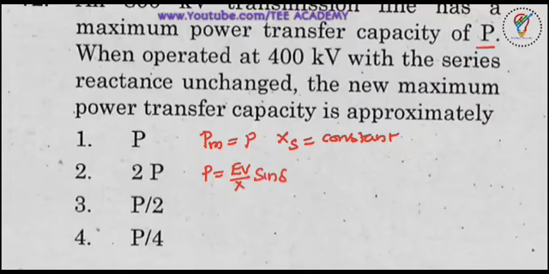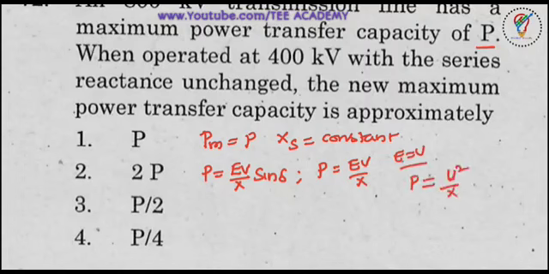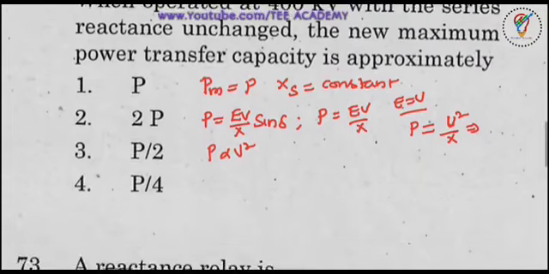If we neglect the delta angle, if you assume delta equal to 90, then you can remove this and write P is equal to EV by X. But again you are making the assumption that E is equal to V, then P is equal to V square by X, but in this case X is constant. So simply I can say P is proportional to V square, understand? Now P2 by P1 is equal to V2 square by V1 square.